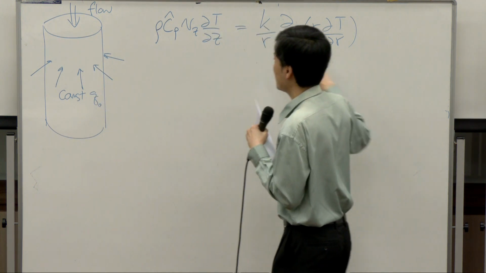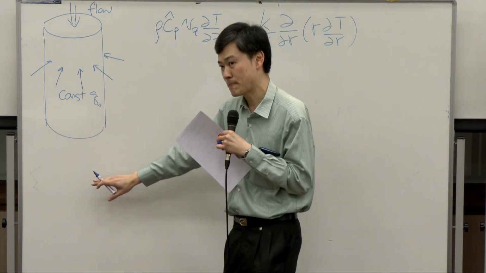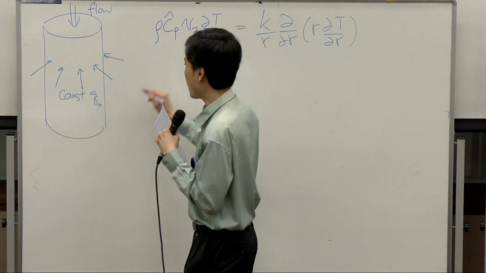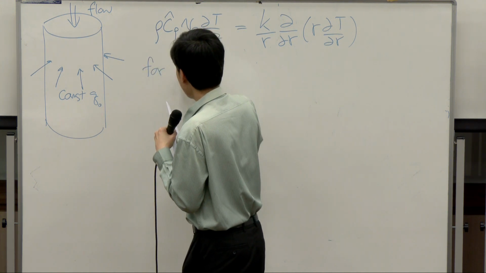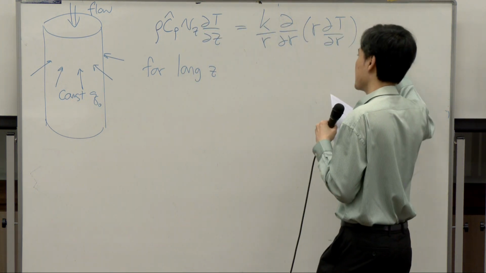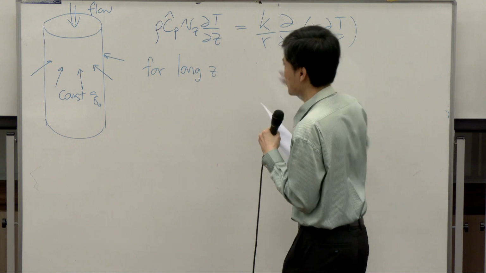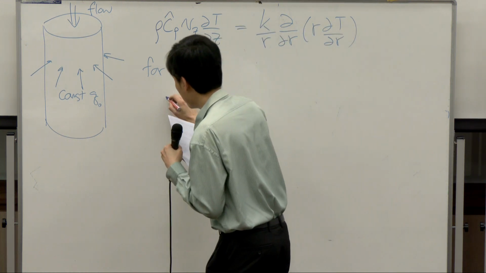The only solution that is available would be at the end of the pipe, when z is very long. Okay? So if z is very long, there's a way to do the calculation here to get the solution. And I do not want to go through that. I just want to give you the solution right now.